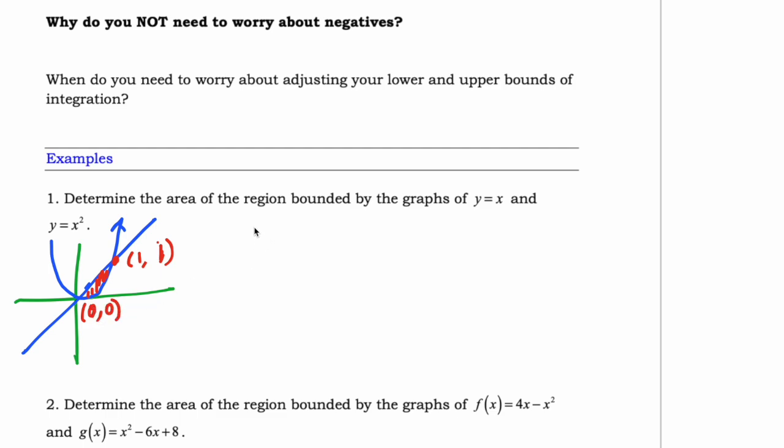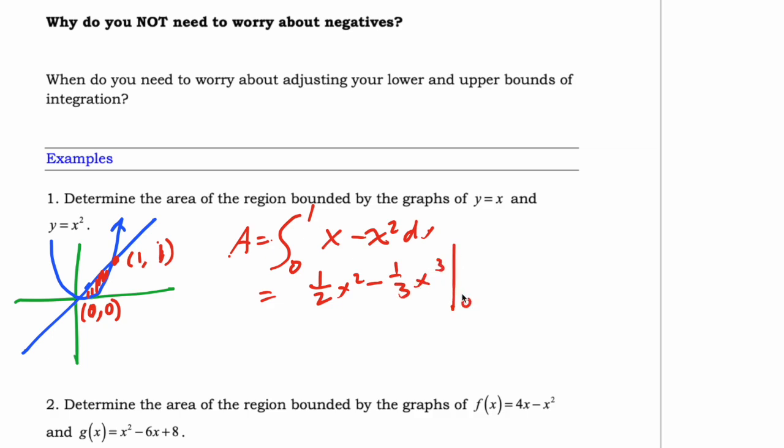So the area is the integral from 0 to 1 of top function minus the bottom function. And that is half x squared minus 1/3 x cubed, evaluated from 0 to 1. Zeros will cancel, so just sub in 1. You get a half minus a third, which is 1/6.